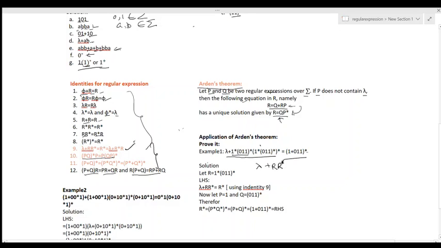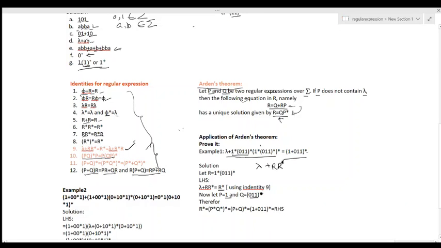From that we can write R star, that is 1 star (0 0 1) whole star. Now we assume that P equals 1 and Q equals 0 0 1.